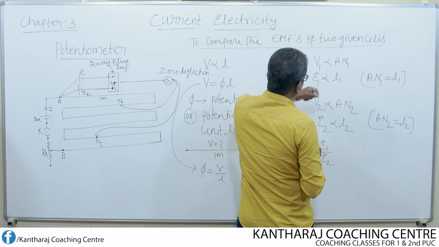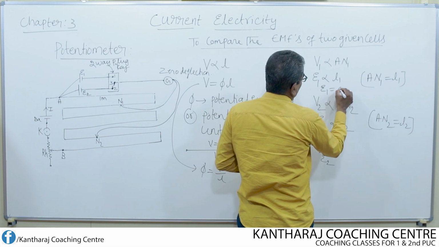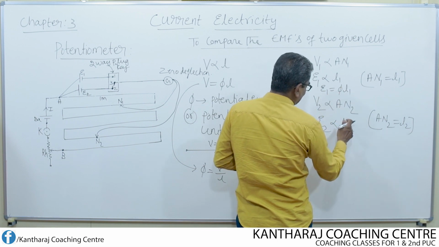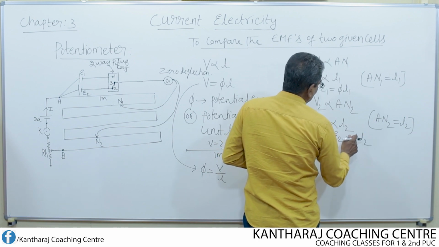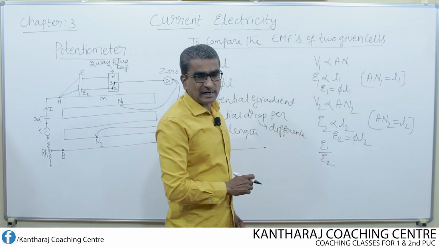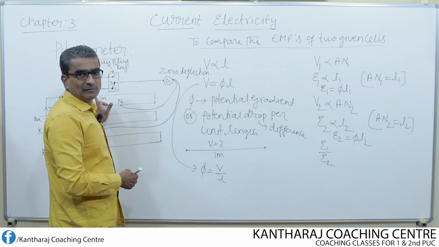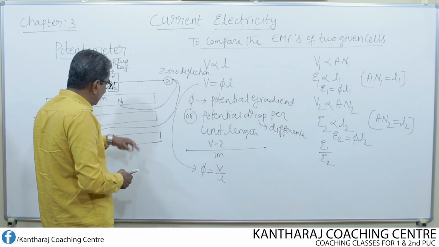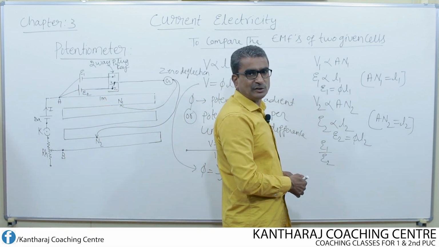So this can also be written as E1 equal to phi into L1, and E2 equal to phi into L2. This phi is nothing but the potential gradient. It remains the same. Whatever may be the EMF of the cell, whatever may be the balancing length, this potential gradient is not going to change.